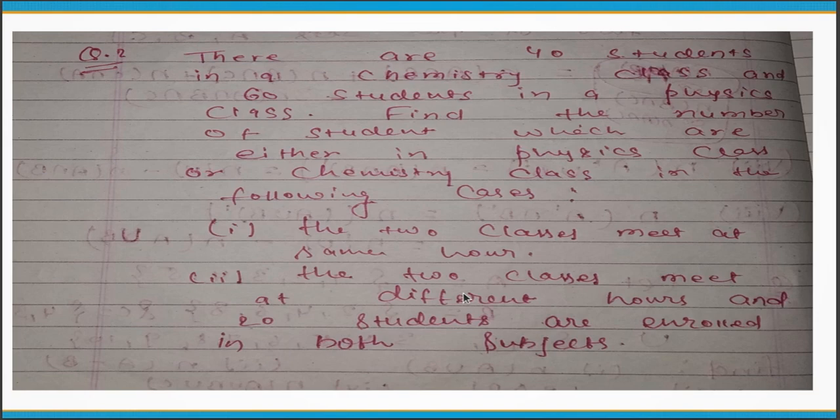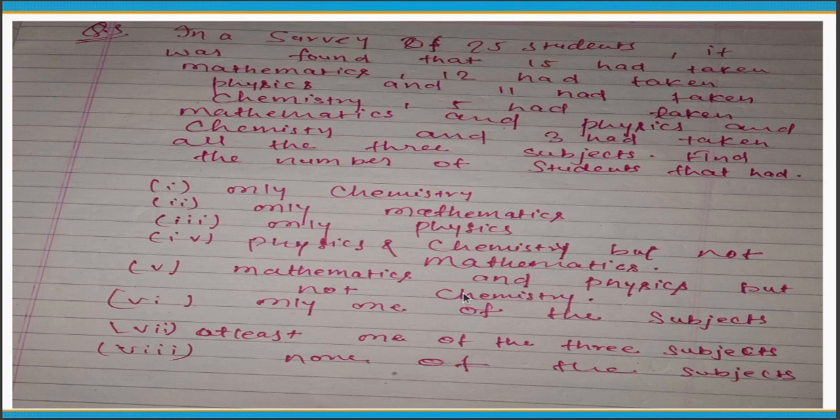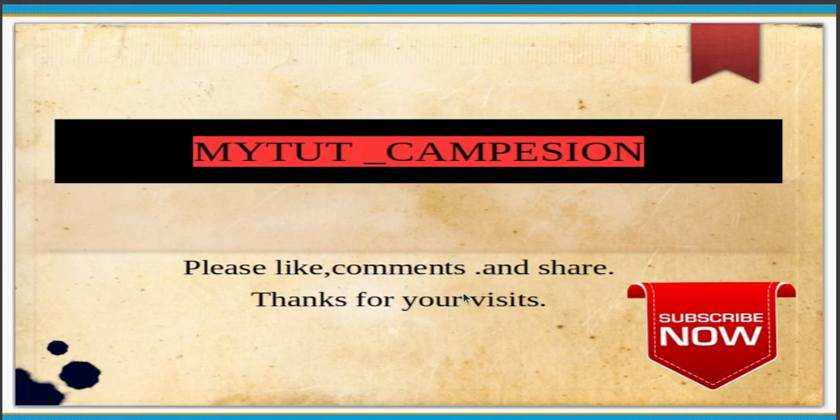So now you can find the number of students in either physics classes or chemistry classes. We try to solve. Now this is the last homework for you. You can read by yourself and try to solve.